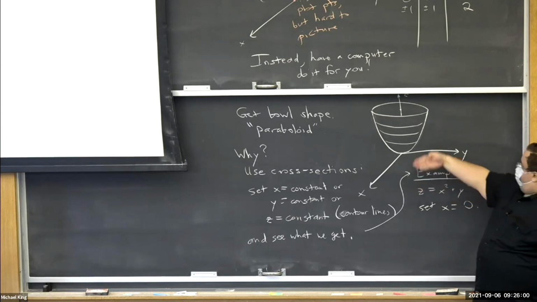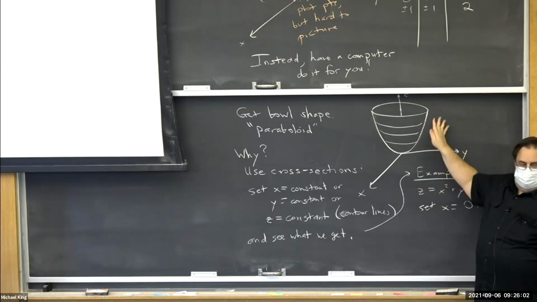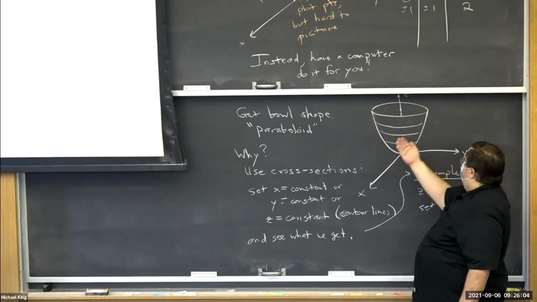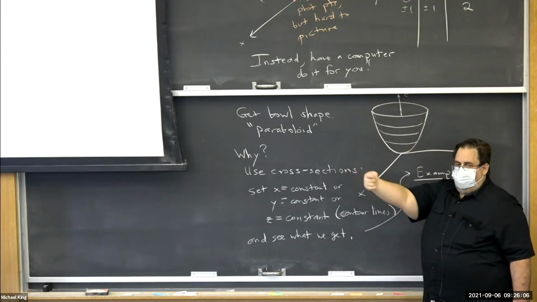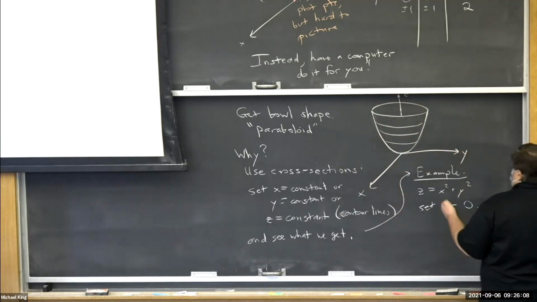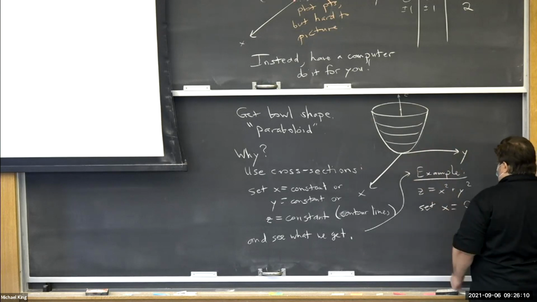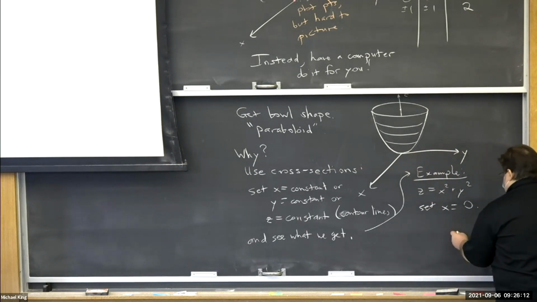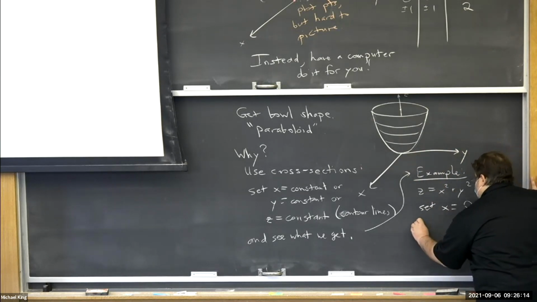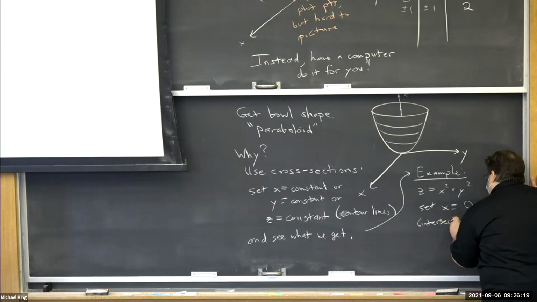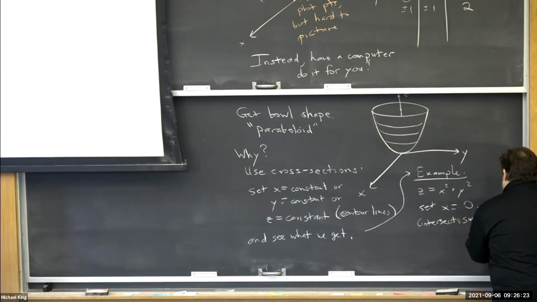Well, if x is 0, it's the yz plane, right? Yeah, good. So it's like the plane of this blackboard, if x goes that way. So if we do this, we're intersecting our surface with the yz plane.